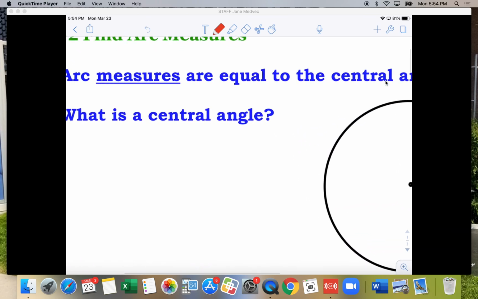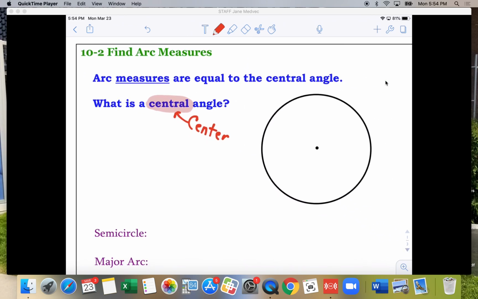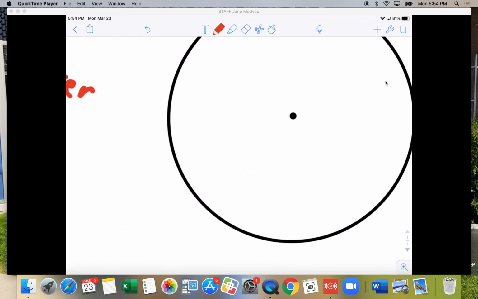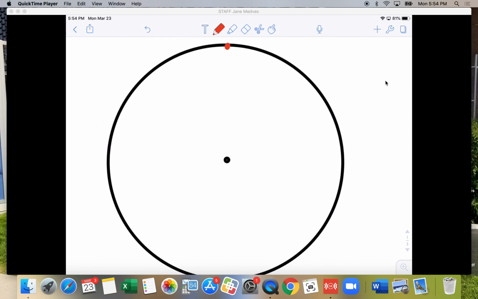The key to this definition is right in here. A central angle deals with the center of the circle. If you think of center and central, it's way easy. So if I have an angle like that, the vertex of the angle is in the center of the circle, and that's considered the central angle.